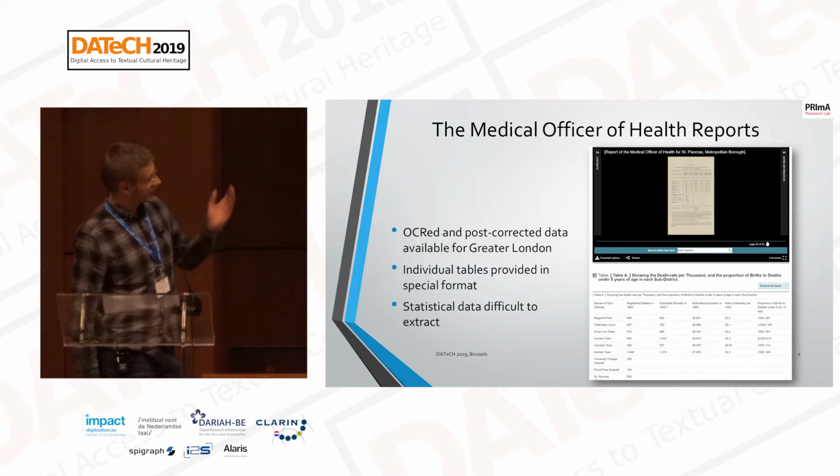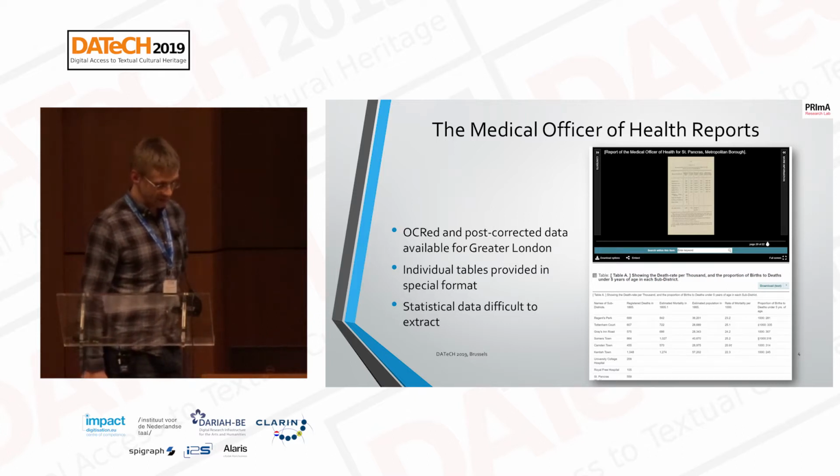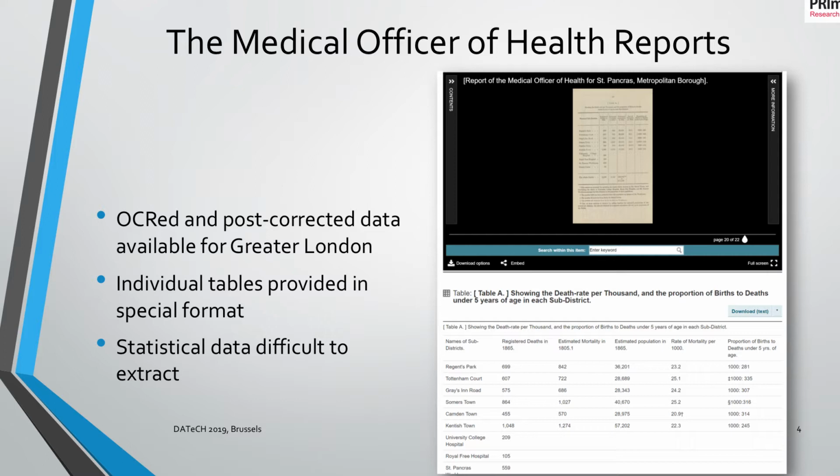So this is the web interface. You usually see a page on top. You can browse the reports, and then on the bottom you see the content replicated in web form. As you can see, the tables have also been replicated in HTML.